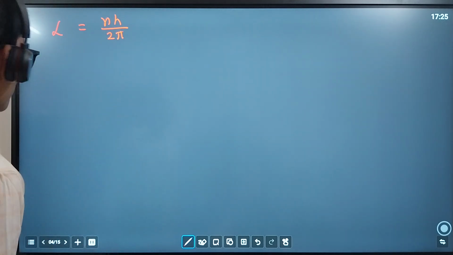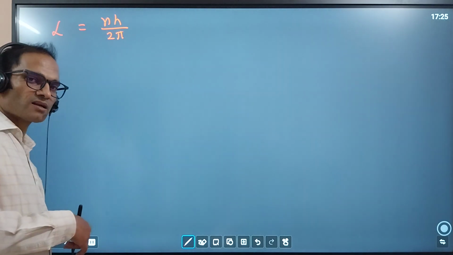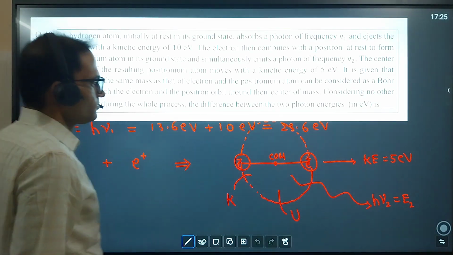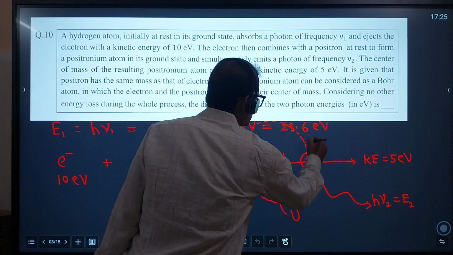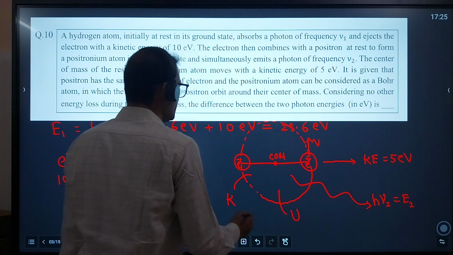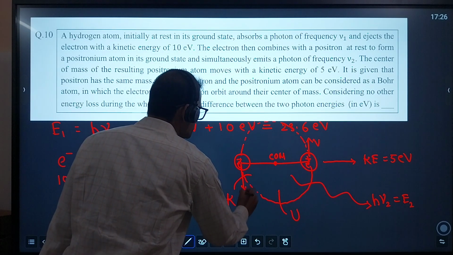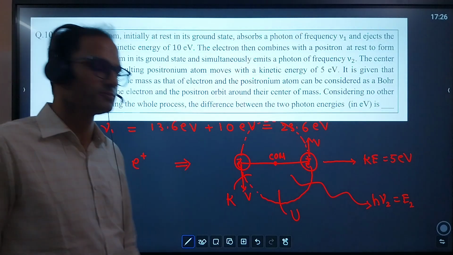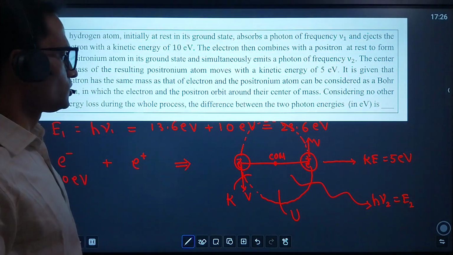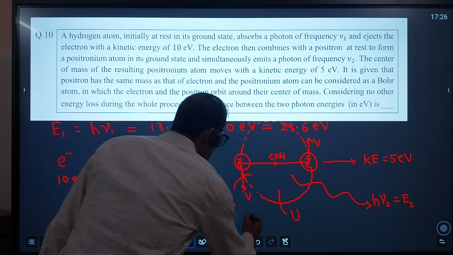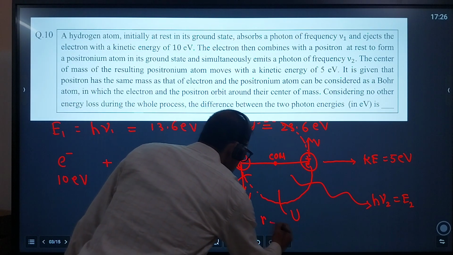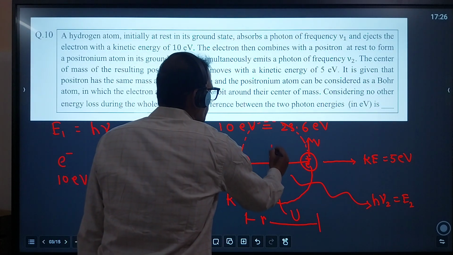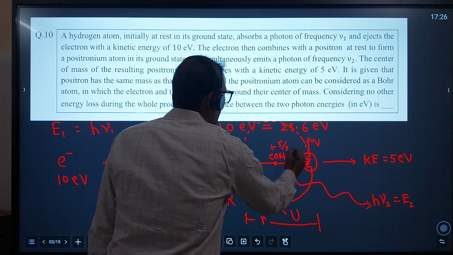So what is the angular momentum? Is it mvr or mvr by 2? Let us see. It will have some velocity v, and the other will also have velocity v, because masses are the same, velocities will also be the same. If this distance is r, then the distance from the center will be only r by 2.